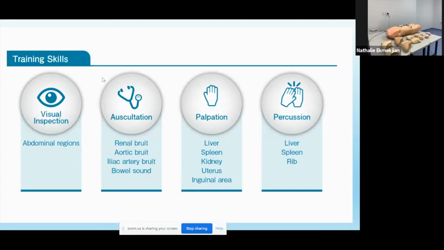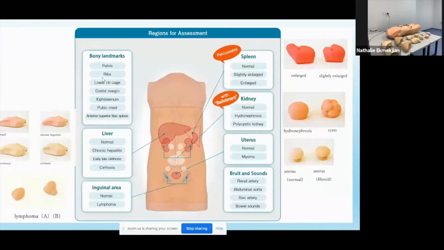We can auscultate the simulator. So what are the sounds in the simulator: renal breath, aortic breath, iliac artery breath, and bowel sounds. We can palpate the simulator in the liver, spleen, kidney, uterus, and inguinal area, and percussion in the liver, spleen, and rib.